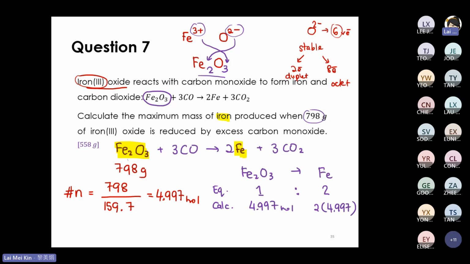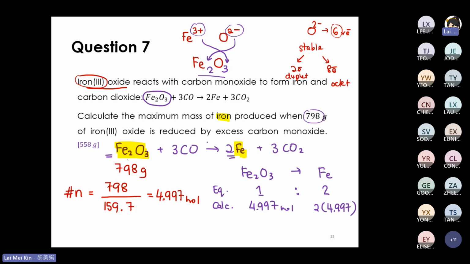We're not talking about iron atom. We're talking about the whole thing. That's why I say look at the ratio, because 798 is for the whole thing, the whole iron(III) oxide.